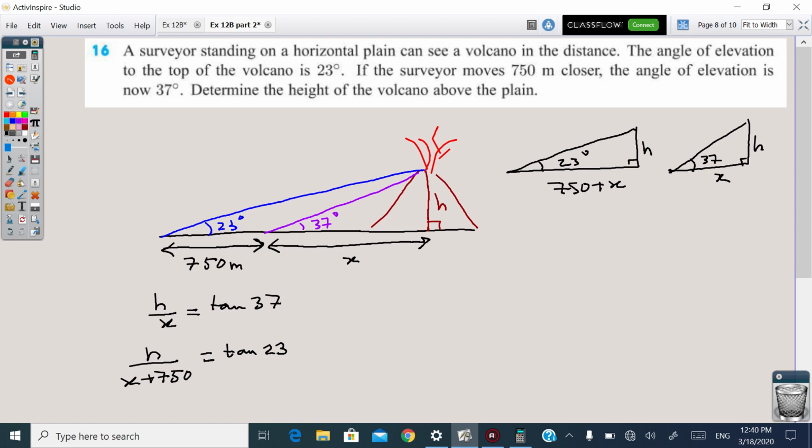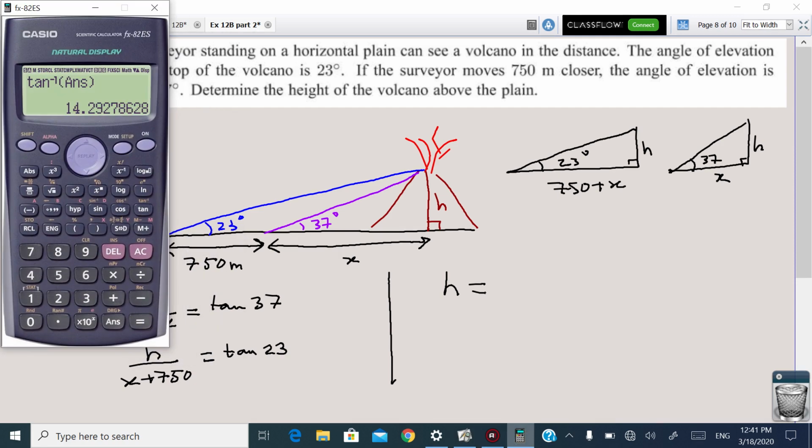What we can do is make life easier for us and calculate the value of the tan. And let's say we will round it to 4 significant figures, just to maintain accuracy. h is equal to x times tan 37. What's tan 37?